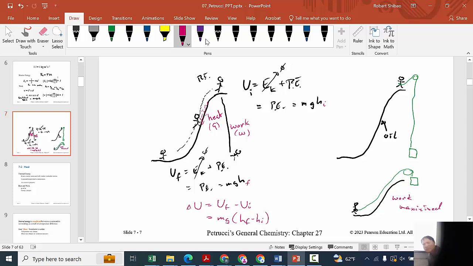And so that would be the same as climbing the ladder, except that with climbing the ladder we have to pay attention to the sign convention, and the sign convention we're going to run into quite a lot. Did that cost you energy to climb the ladder, or did it release energy in climbing the ladder?